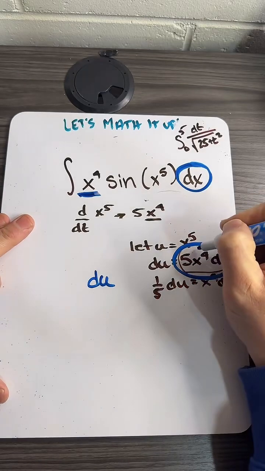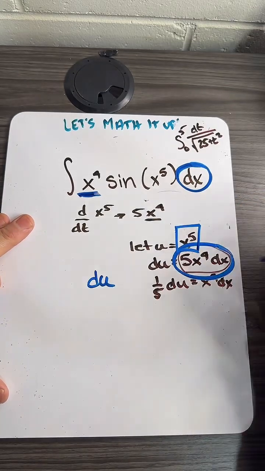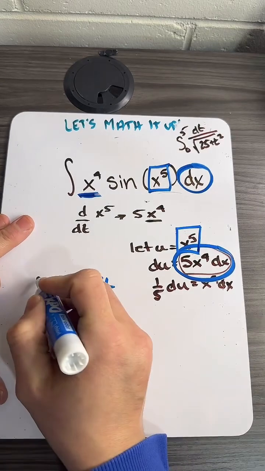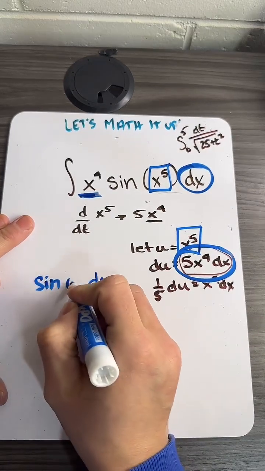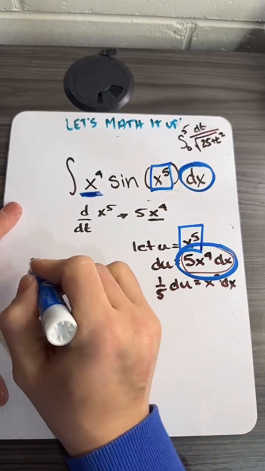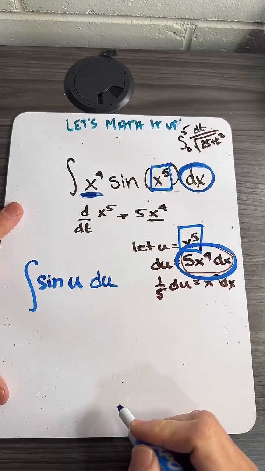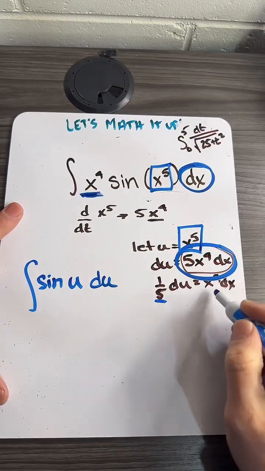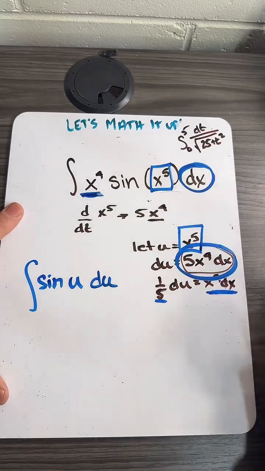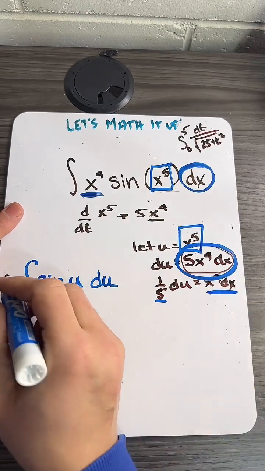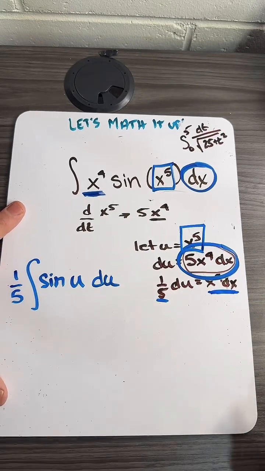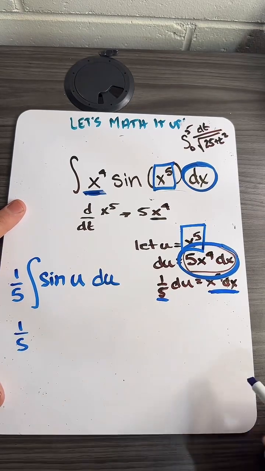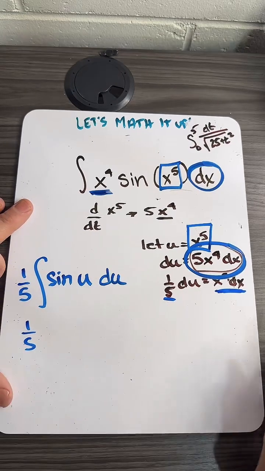All right, x to the fifth comes out, and it becomes just u. So I'm left with sine of u du. All right, and then this 1/5 right here. Okay, so because this x to the fourth dx comes out, I put my 1/5 there. Okay, so I've got 1/5 instead of doing sine.